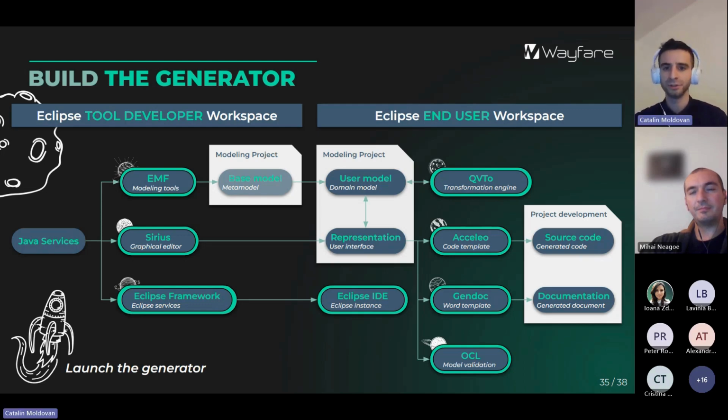And then we have the end user workspace. Here we use the objects from the meta model to design our model with Sirius. Then we can generate the source code with Acceleo and the documentation with Gendoc. With QVTO, we can perform a model-to-model transformation, and with OCL, we can validate our model.